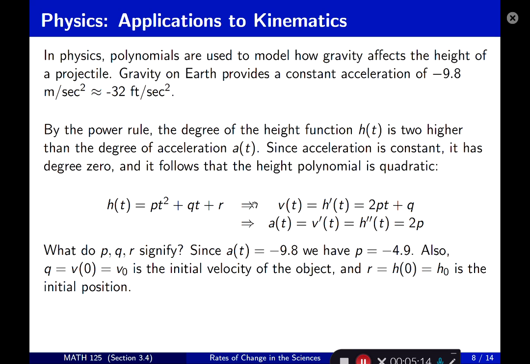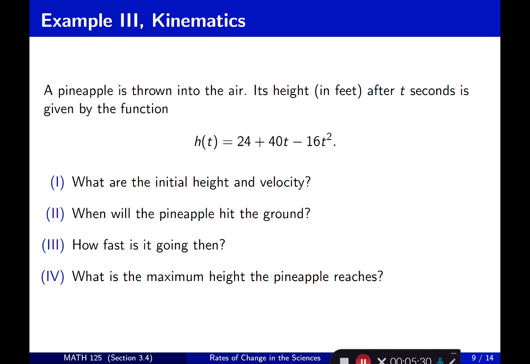And if you plug in 0 in h of t, you get r, which is h at 0. So the height at 0 is r, and q is the velocity at 0.